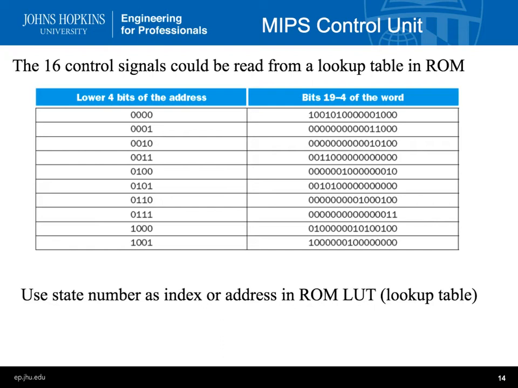Okay, so this is the same thing, but set in a different way, where this was along the top in the last slide, and this was vertical. We've just kind of flipped it. So if we're in state 0, this is the 16 bits of our control signal. And so if our micro instruction is 20 bits, the upper 16 bits are these control signals, and the lower 4 bits are the next state, which we haven't really talked about yet. This would be how you would determine them.